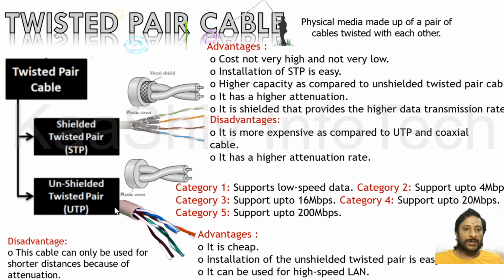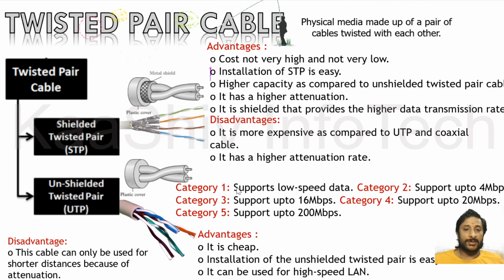It has higher capacity, because the dissipation of signals is lesser. Since it is shielded, the signal won't go out. So it has a lower attenuation rate, and a higher data transmission rate. Everything is good here, but the disadvantage is that it is expensive. But still it is a problem also.